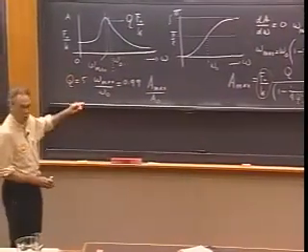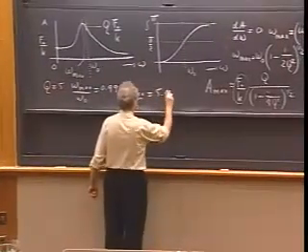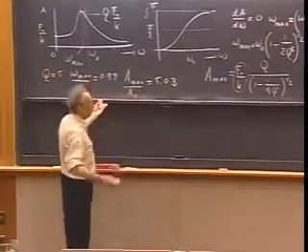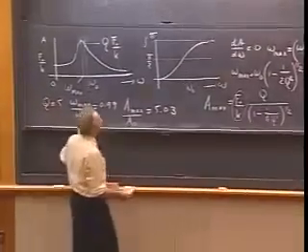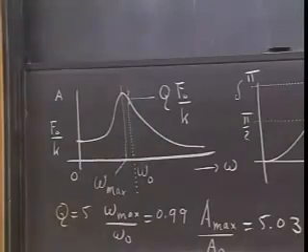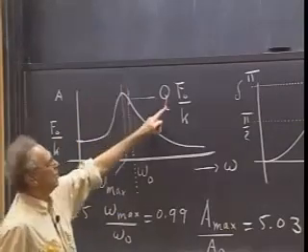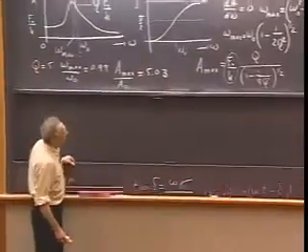This number is not Q, a little higher, it is now 5.03. And you can see that if Q is higher, then of course these numbers become even closer. Then omega max becomes even closer to omega 0, and then this maximum A becomes even closer to Q times F0 over K.